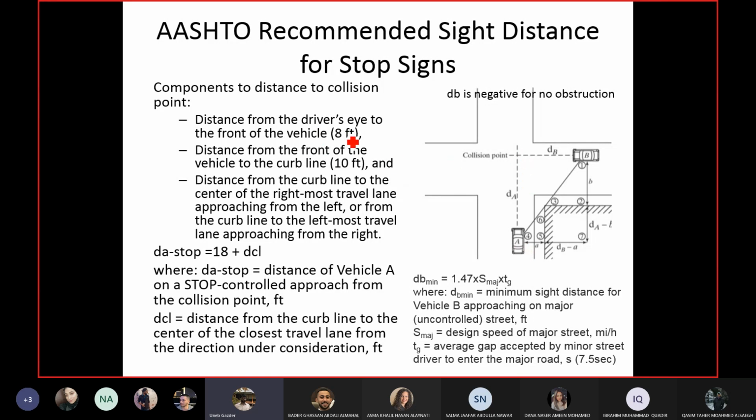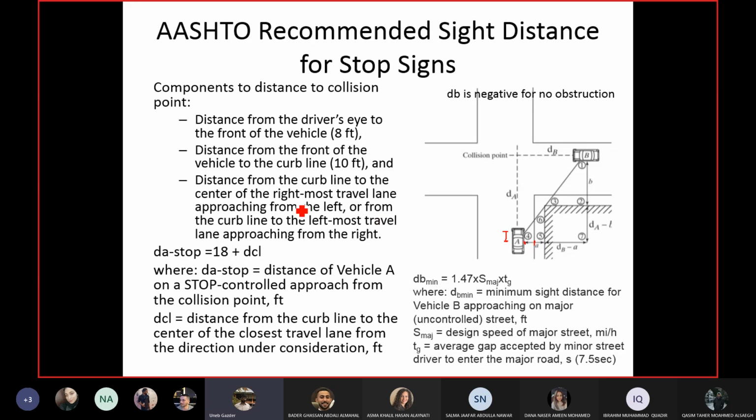First, the distance from the driver's eye to the front of the vehicle, where the driver is sitting to the front of the vehicle, which is assumed to be 8 feet. Second, the distance from the front of the vehicle to the curb line, which is assumed to be 10 feet. The curb line will be somewhere here, from here to here.